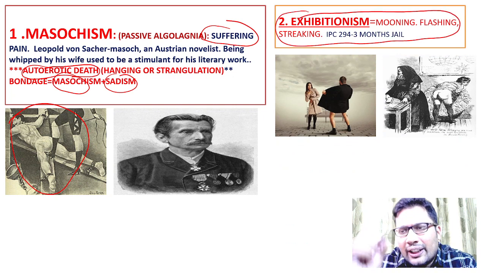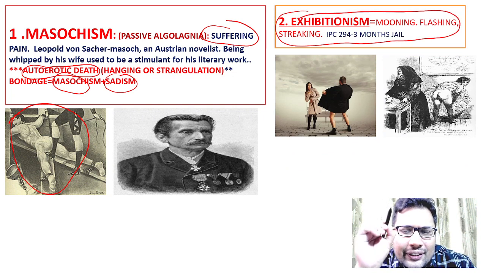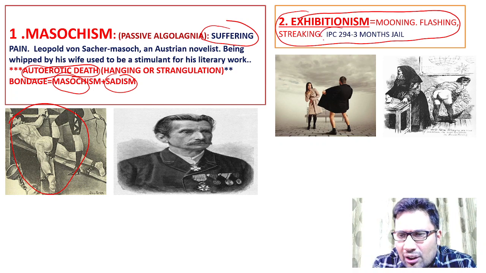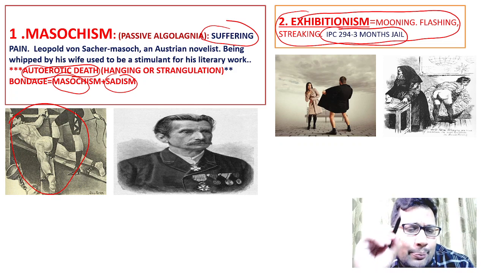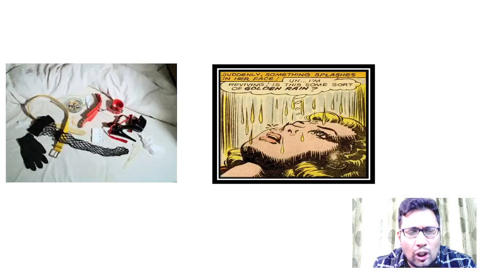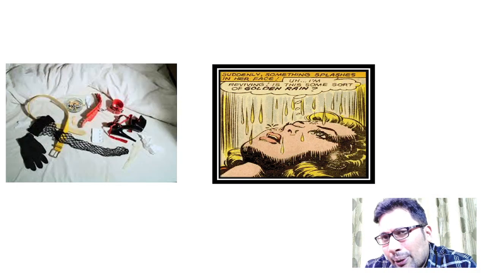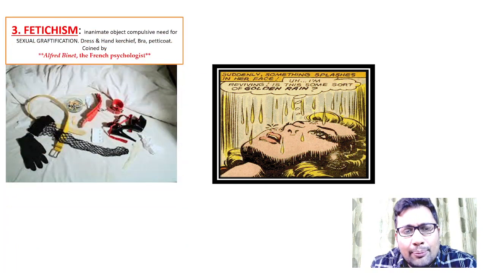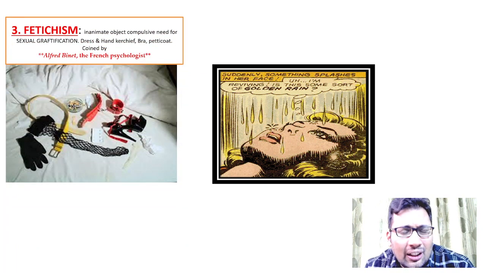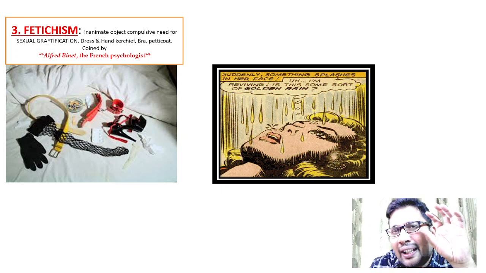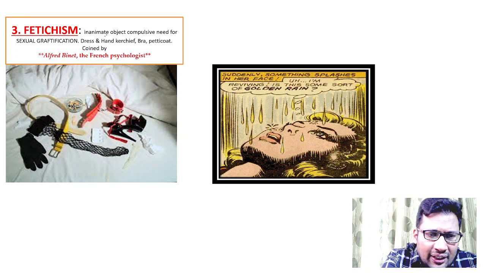And we can see here, this is known as exhibitionism. Exhibitionism includes 3: mooning, flashing, streaking. It is punishable under 294 IPC. Remember, 294 IPC. And the other option, C, is nothing but fetishism. Fetishism is a compulsive need for sexual gratification from an inanimate object, maybe a dress, handkerchief, bra, petticoat.